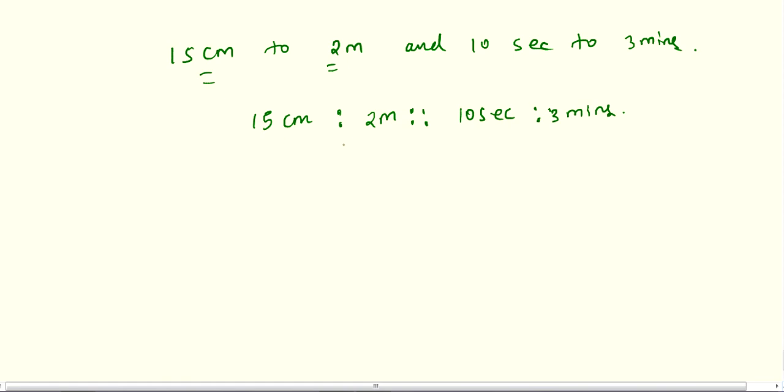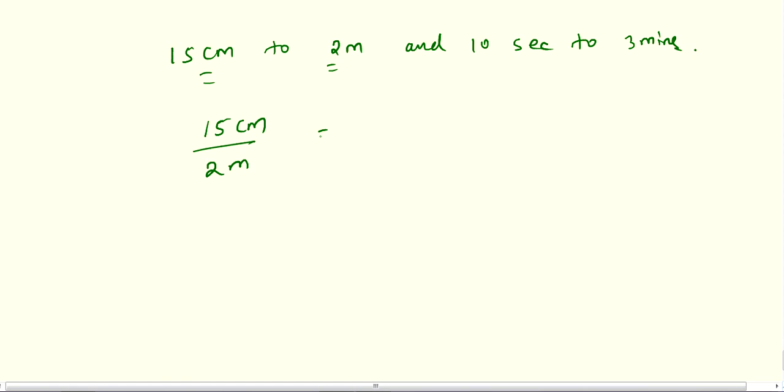Okay, so like this you can solve, but the easiest one is 15 centimeter upon 2 meter equals 10 seconds upon 3 minutes. Now as you can see, units are different, centimeter and meter.